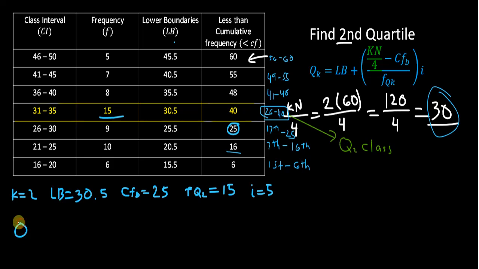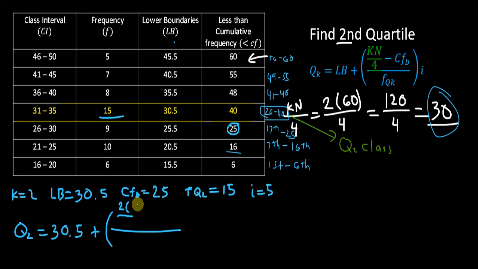So, quartile 2 is equal to lower boundary, that is 30.5, plus, open parenthesis, kn over 4. K natin is 2. Then yung n natin is yung 60.